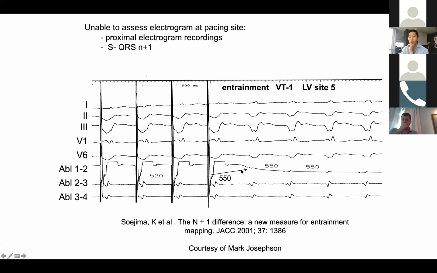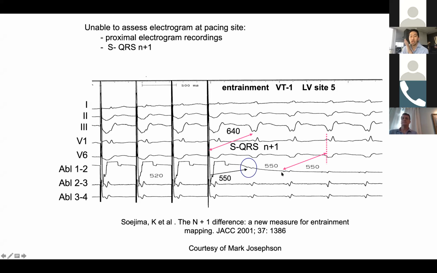And the idea was that if you take any fiducial point from the QRS, just like we work back from it, we can then be able to tell if the stimulus and EGM and QRS are the same. And the whole point is that S to QRS +1, which means just go to the EGM, forget the EGM, go to the QRS, then go somewhere downstream to that QRS and take that same interval and come back and see if that electrogram is there.